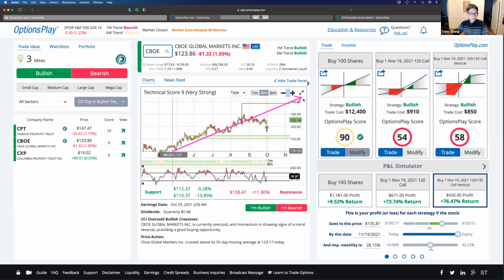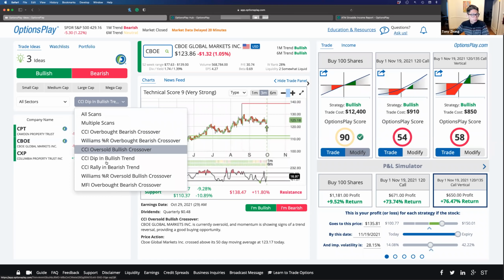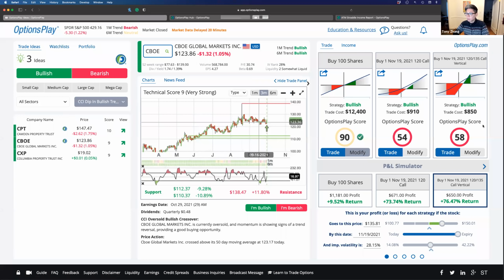As you can see, the larger trend is here. It's pulled back here, and this is the opportunity that we see to the upside. We've seen another one here, and we're looking for that continuation higher. So we have a few different scans, and dip in bullish trend is really your pullback indicator, if you will.